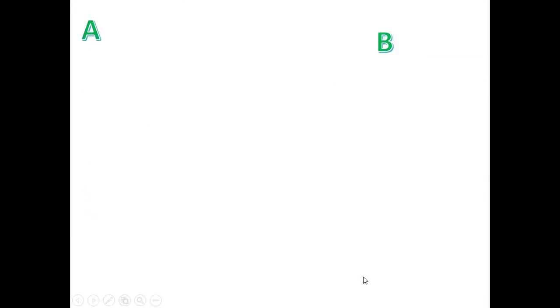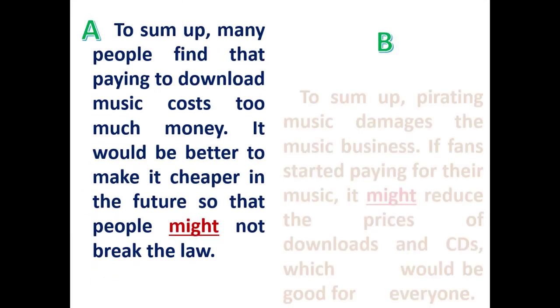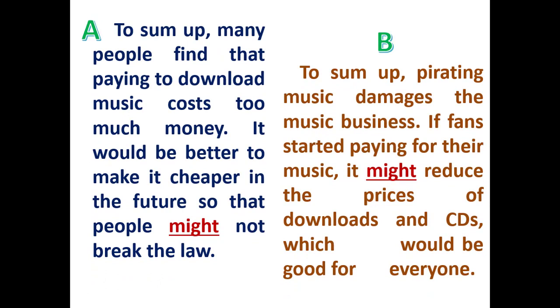And finally, the question is, in both final paragraphs A and B, why does the writer use the word might instead of will? Do you know the answer?